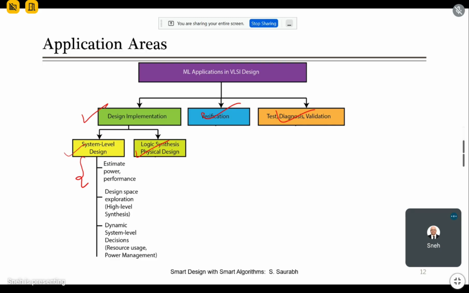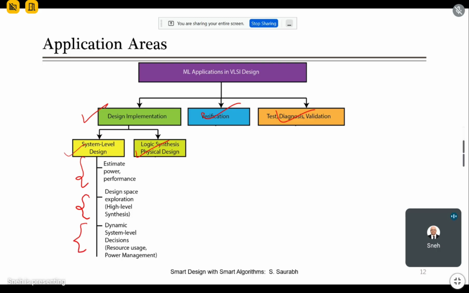Okay. So we can use machine learning in system level design to estimate power, performance, and other figures of merit. We can use it for intelligent design space exploration, and for dynamic system level decisions.